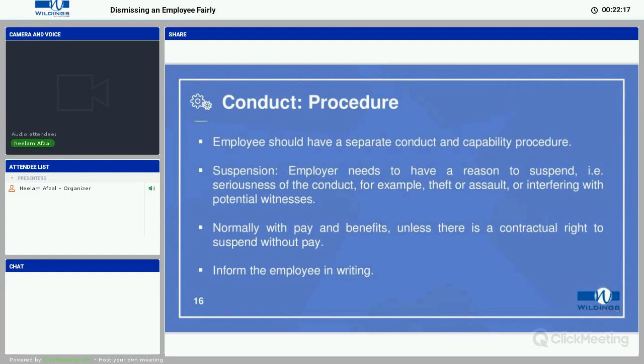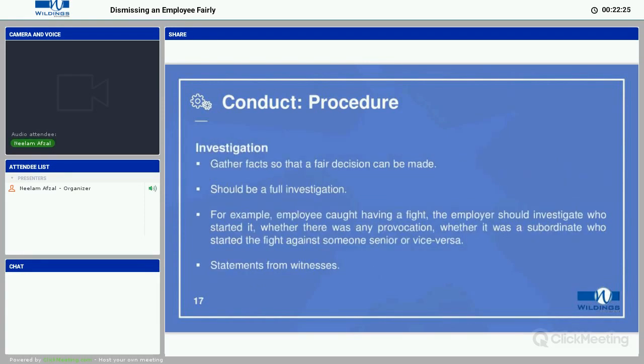The next part to the procedure is an investigation. So what needs to happen here is that you gather the facts, you carry out a thorough investigation. For example, sometimes on the face of some fact, you can look at it and say, actually, it's really obvious. And an example I give, an employee caught fighting at work.